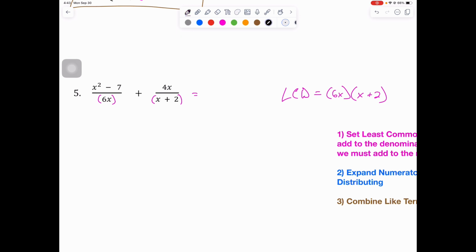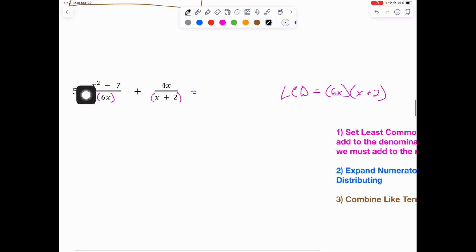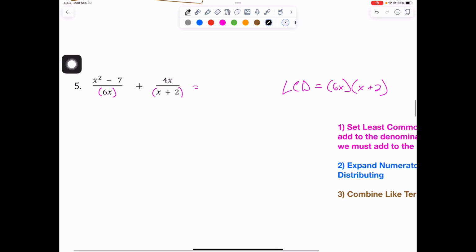So what is already given to us will stay in black. What's added to either the numerator or denominator of both fractions here will be in pink, just so you can have that visual representation. So this is equal to x squared minus 7. And again, remember to make that a little longer. Our 6x here.